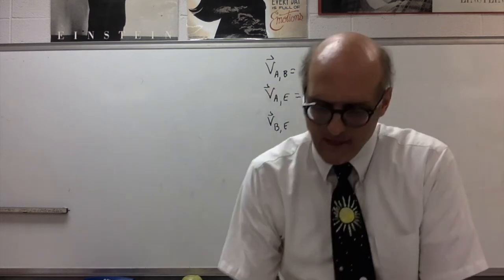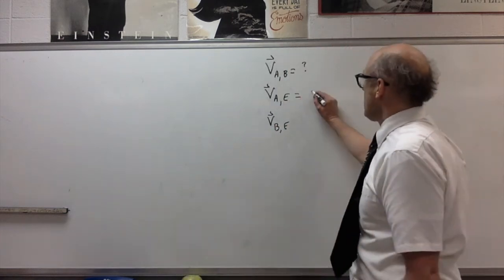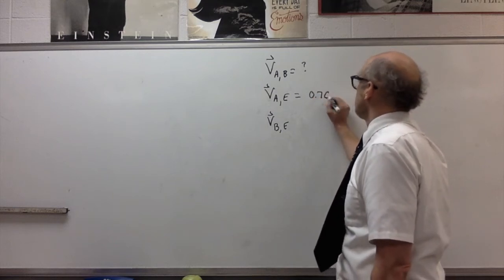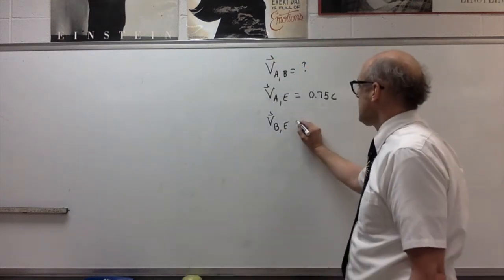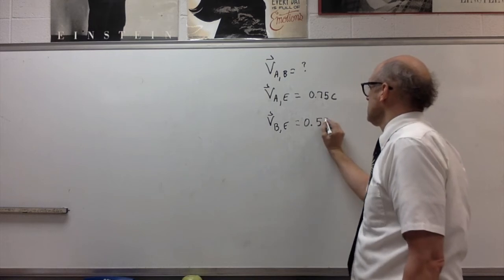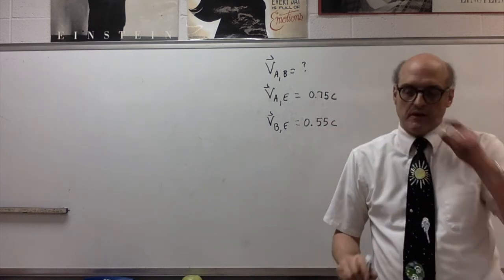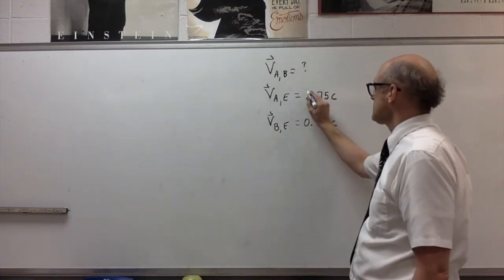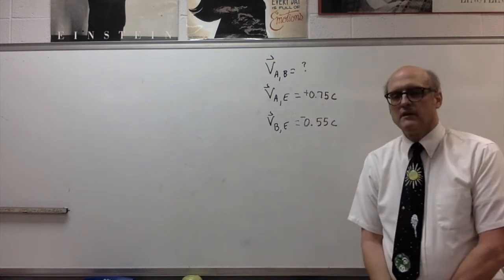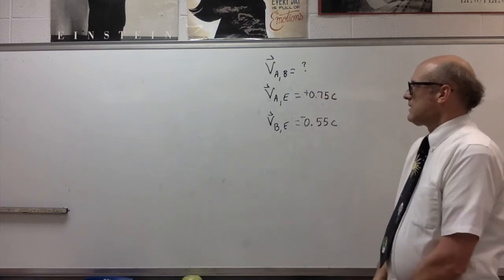Okay, Galaxy A is moving at 0.75 c away from us. And Galaxy B is moving at 0.55 c away from us. But it's in the opposite direction, so we have to make one of these positive and one of these negative. So let's make this positive and this negative. So I'm going to use the Galilean transformation.